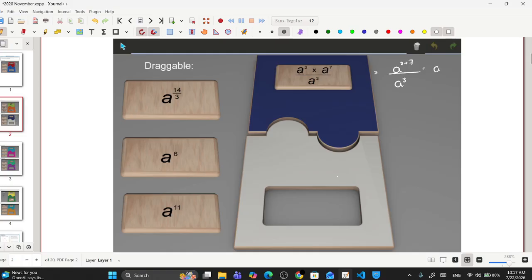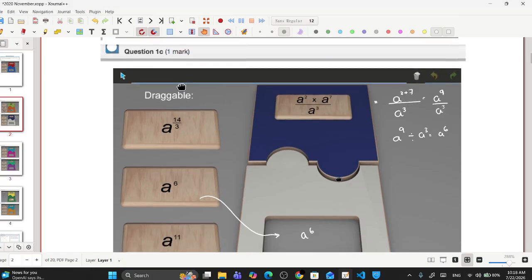So a raised to the power of 2 plus 7 becomes a raised to the power of 9, and that should be divided by a raised to the power of 3. Now, since there is a division sign in between, I know that I can write this with the base remaining the same and the powers subtracting from each other. So this gives me a raised to the power of 6. This was a 1 mark question as well.